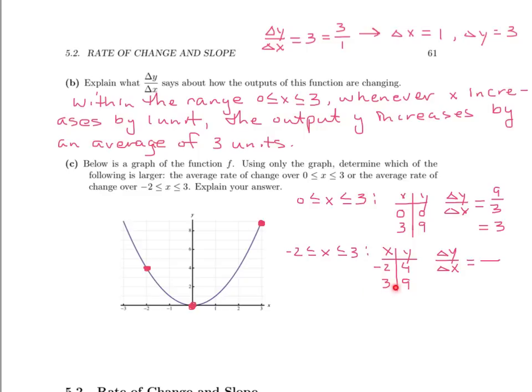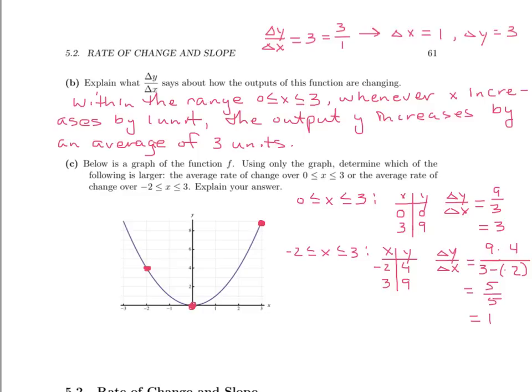So we'll take the 3 and subtract the -2. 3 take away -2. And then in the numerator we take the 9 and subtract the 4. So we arrive at 5 in the numerator and 5 in the denominator, which gives us a result of 1.